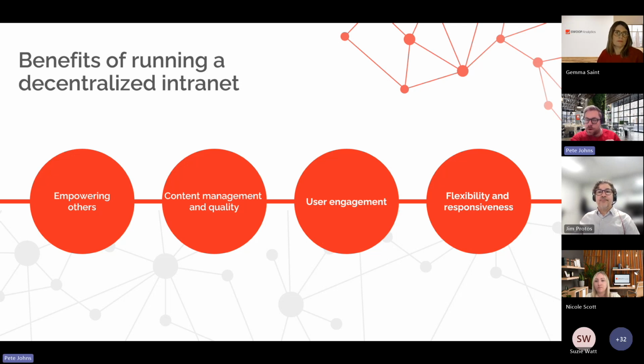Cool. All right, I'll jump back into this. Just to cover some of the key benefits of running a decentralized intranet that we see and that we hear from customers and friends of SWOOP. The empowerment of others is a really important benefit of putting the energy and effort into establishing a decentralized model. So really, I guess it's about empowering the local teams and subject matter experts to manage their own content.